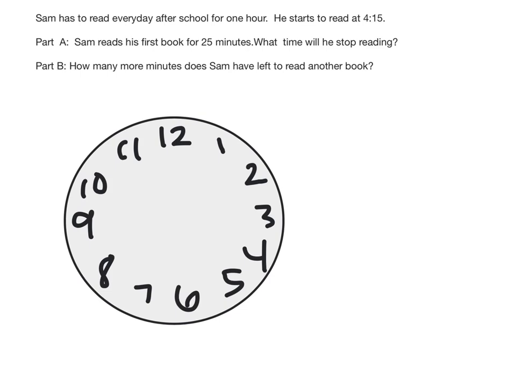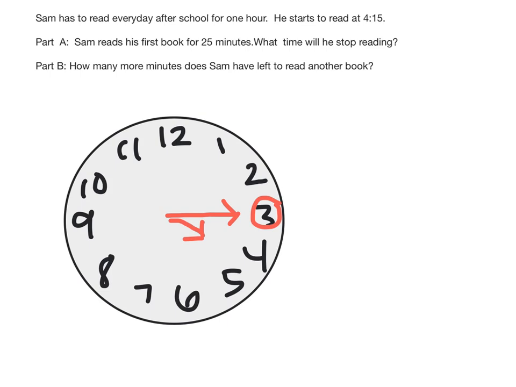So he starts to read at 4:15. Let's make our numbers. So he's going to start at 4:15. And we know that he is going to start right here. And we know that the 15 is where the 3 is.